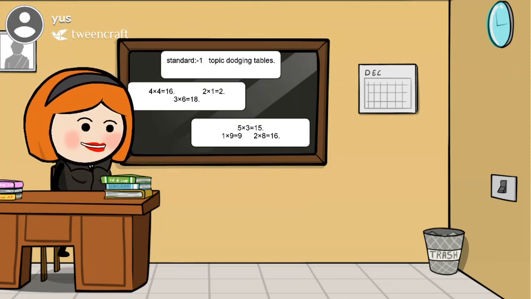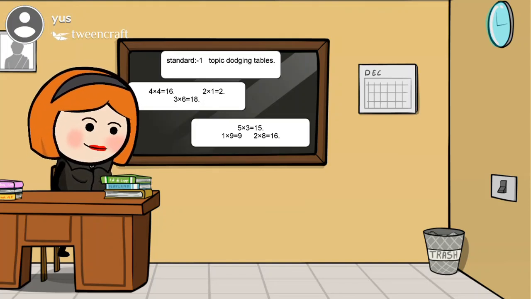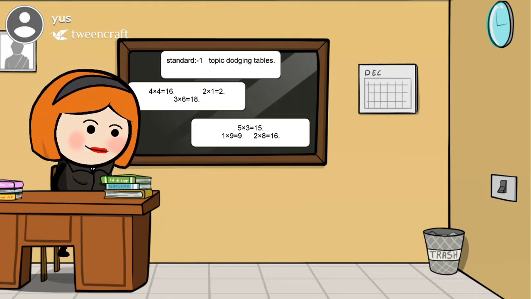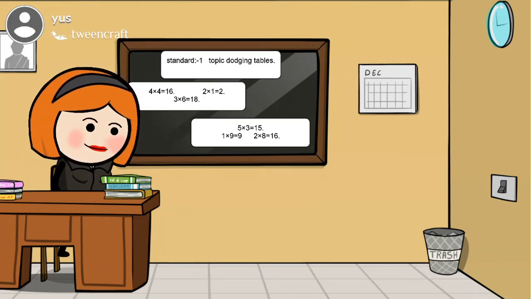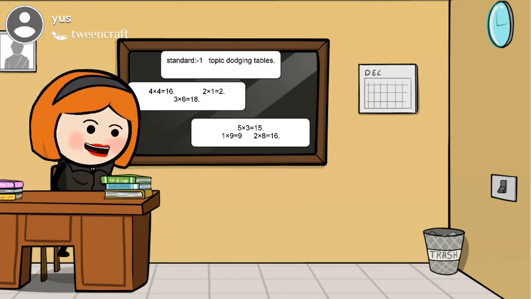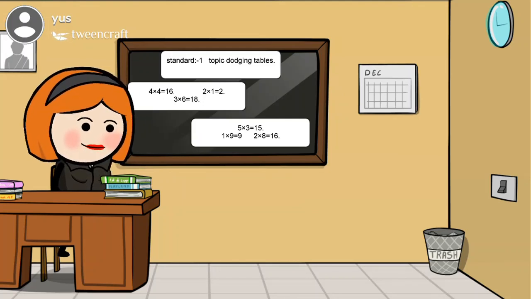Look at there. 5 threes are 15. 1 nine is 9. 2 eights are 16. My dear students, we are making practice of dodging tables.